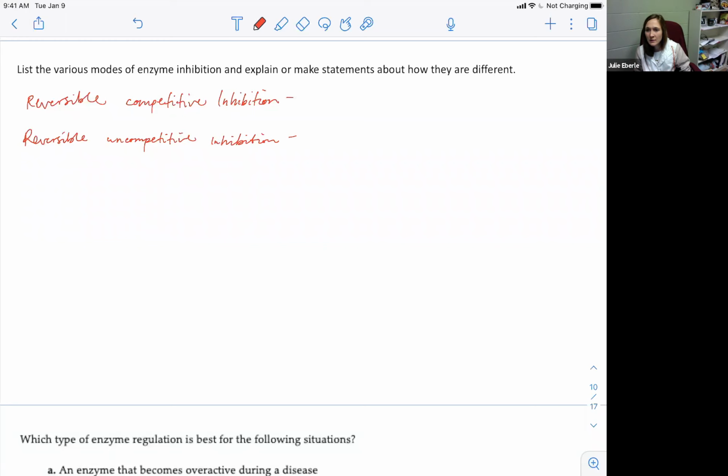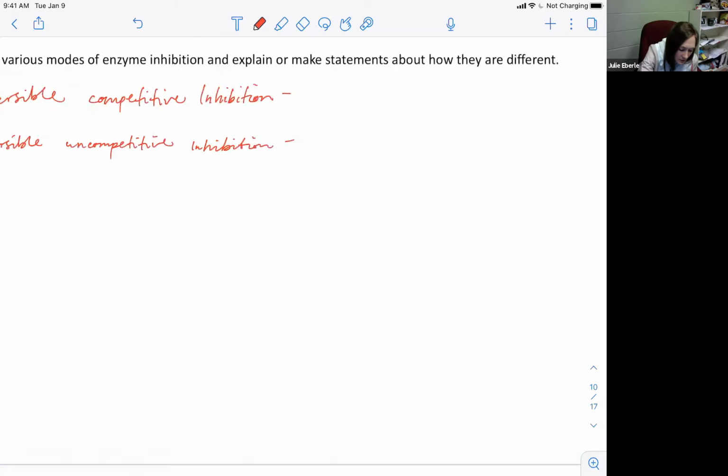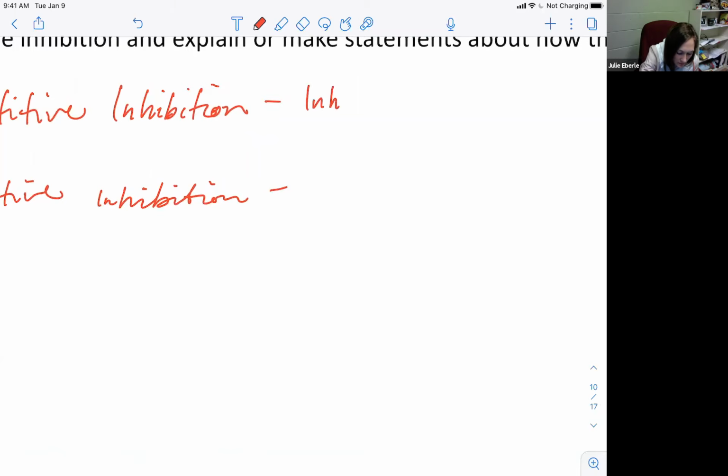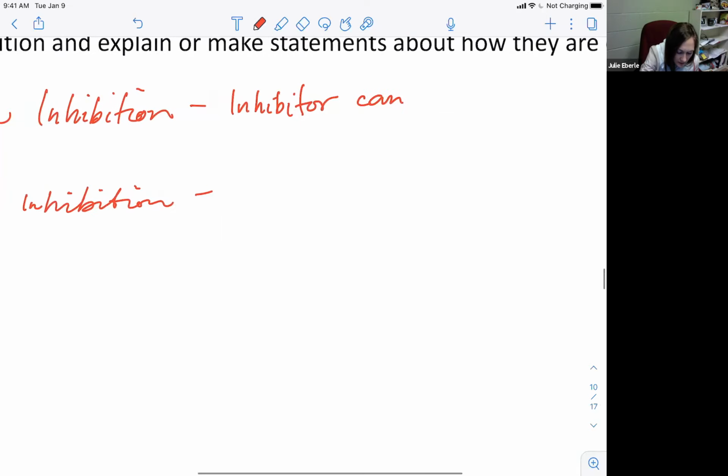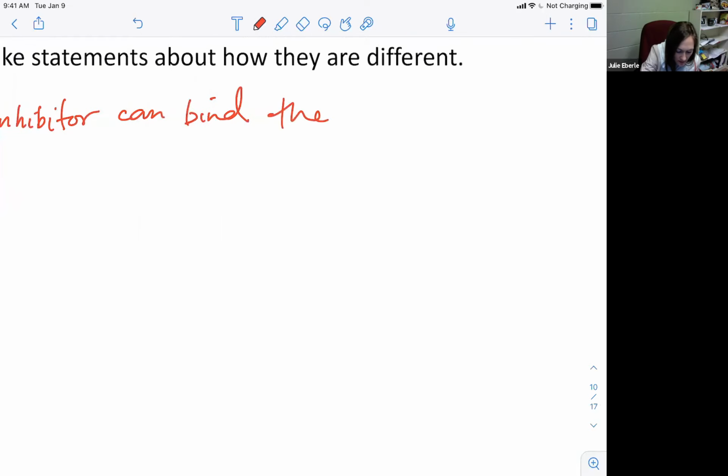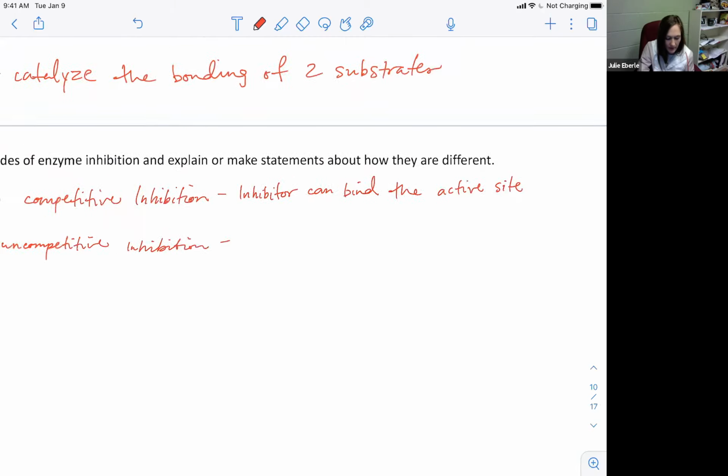The one that's more highly concentrated will compete out the spot for the active site. So here, the inhibitor can bind the active site.